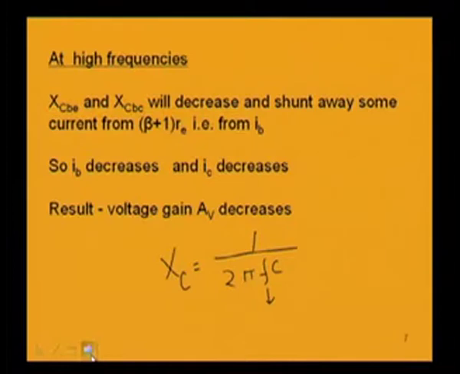So we cannot ignore the effect of the frequency of the signal applied at the input on the overall voltage gain of the amplifier. So today we will be discussing the frequency response of an amplifier, which means we will be analyzing how the gain is reduced with frequency being low or high.